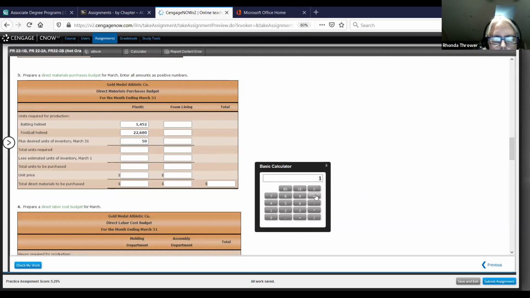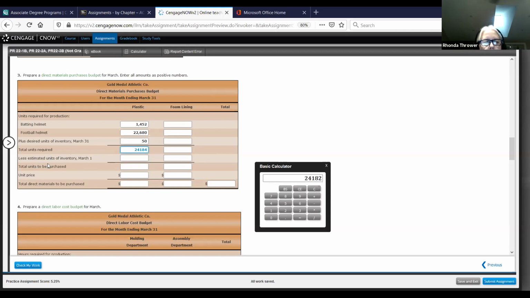So 1452 plus 22,680 plus 50 pounds is going to give you 24,182. And this is the number of pounds of plastic so far that we are requiring.